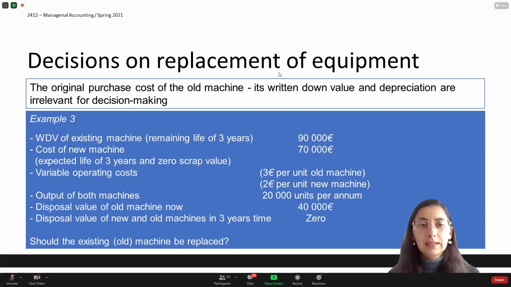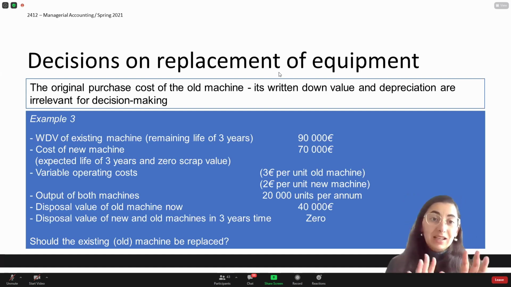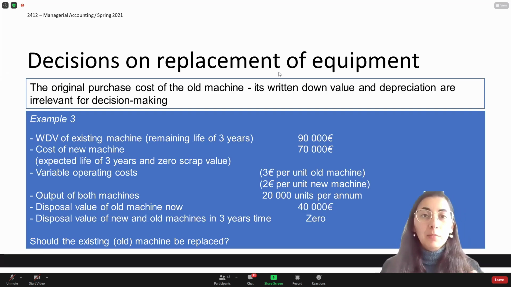So what we're discussing is the difference in terms of what we have in the books. Yes, in the books there will be a change with the old machine. If we sell the old machine, that will change the books, but these 50,000 will not have any cash flow impact. The cash flow impact that we have is the 40,000, and that is what we should be taking into account in terms of the decision making.